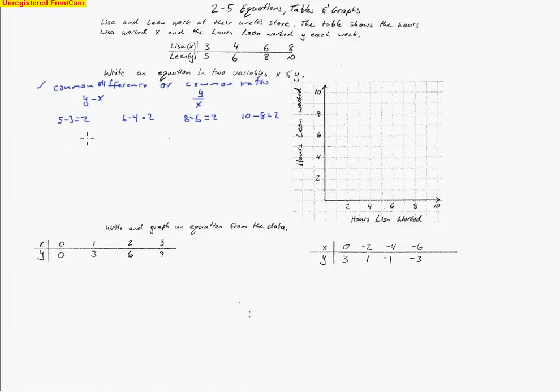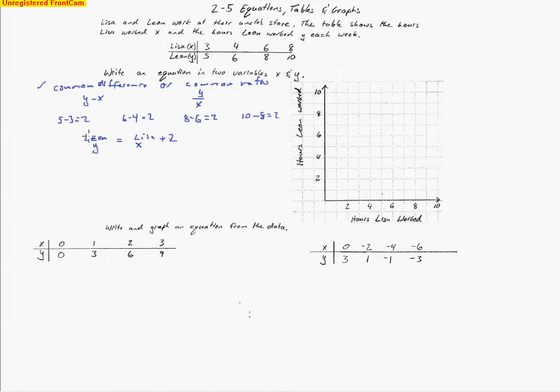So now let's try to write an equation in that form. Remember, Leon is the y value, and we're trying to set that equal to Lisa, which is the x value, but they don't equal, so we need to do something to make them equal. The difference of 2 that we saw was that common difference. So what I need to do is add 2 to Lisa's amount, and that'll equal Leon's.